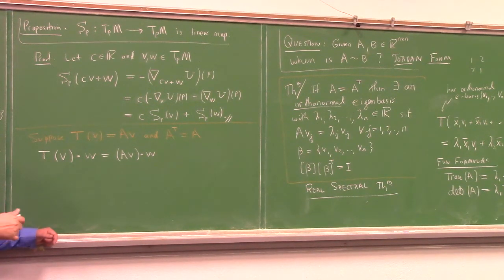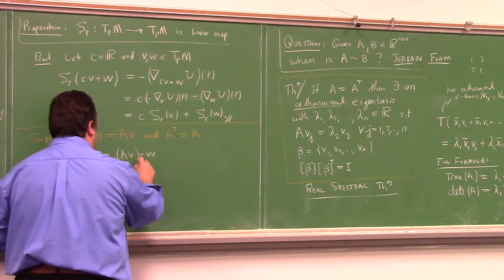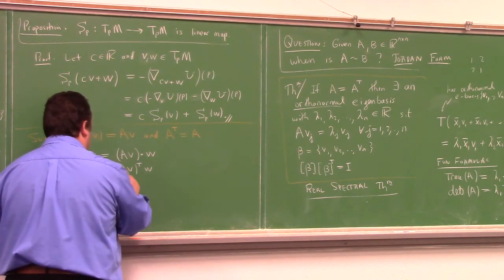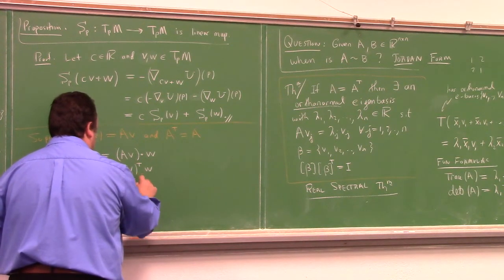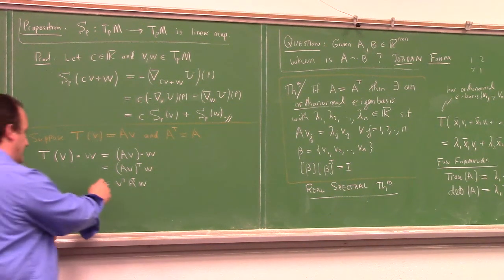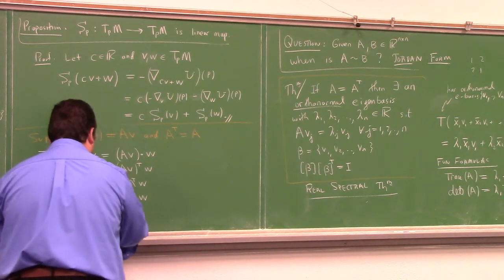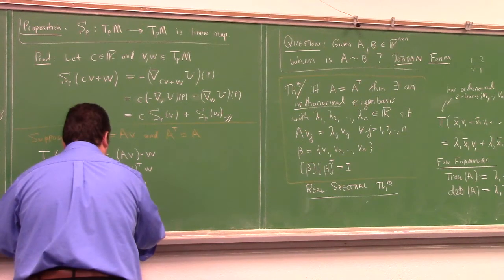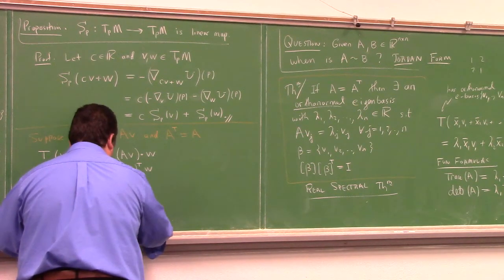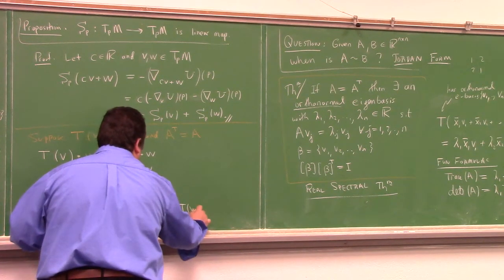So this is (Av) transpose w, which is v transpose A transpose w. But A transpose is just A. So that's v transpose Aw, which is v dot Aw, which is v dot T of w.